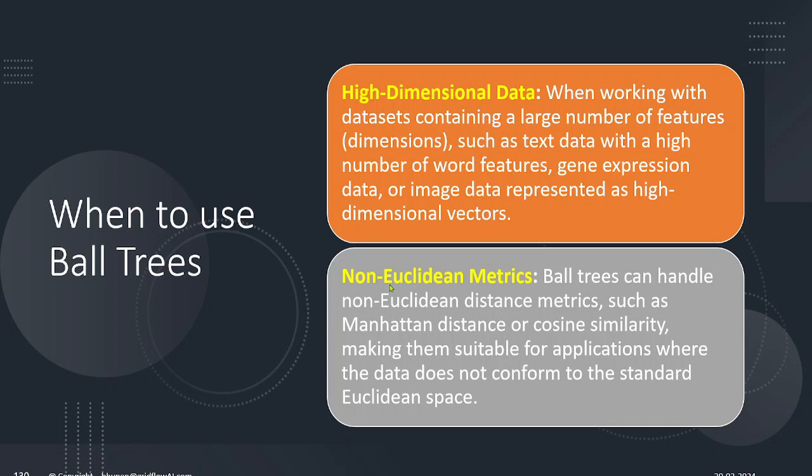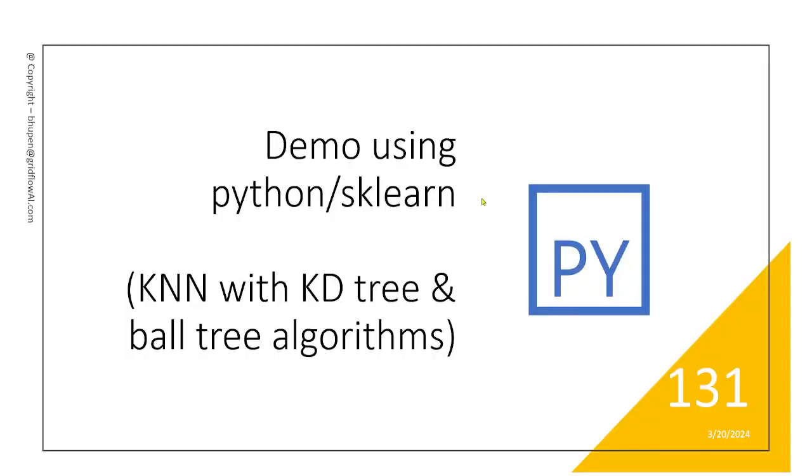Also, if the data has a non-Euclidean space, that means no straight line, it can be a curve, nonlinear, in that case we can use ball tree. So let's take a look at the Python demo, and I'll show you how to use scikit-learn with the parameters that you need to tweak in order to use KD tree and ball tree.